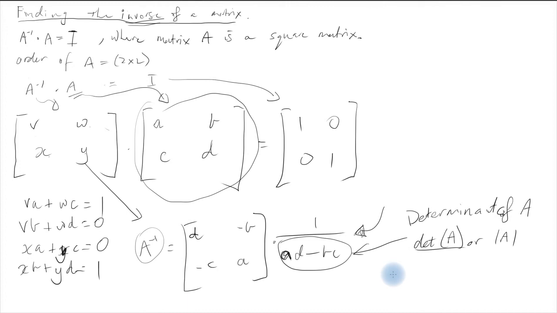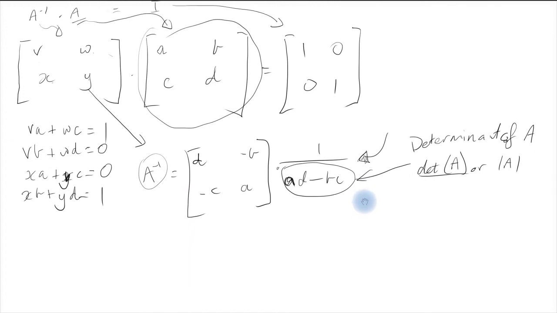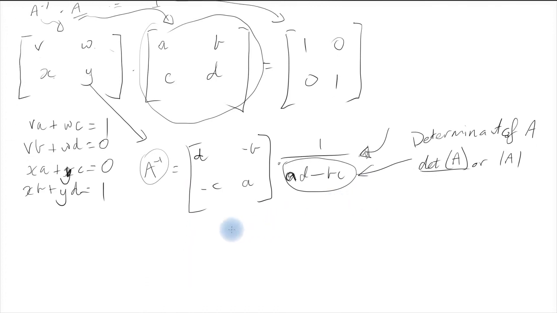So we can say an inverse only exists if the determinant of A does not equal 0. It's not allowed to equal 0.